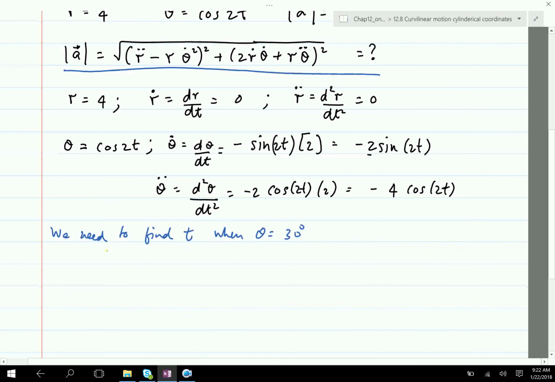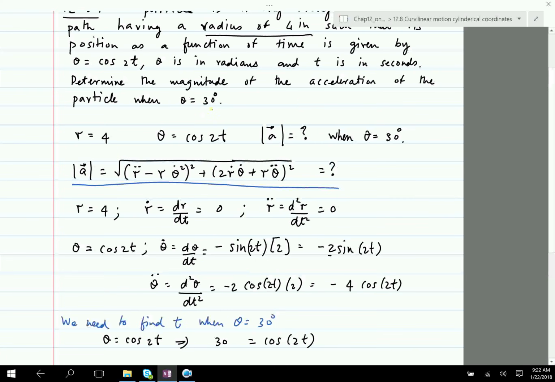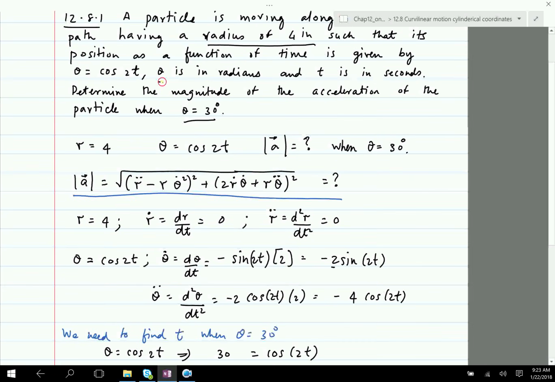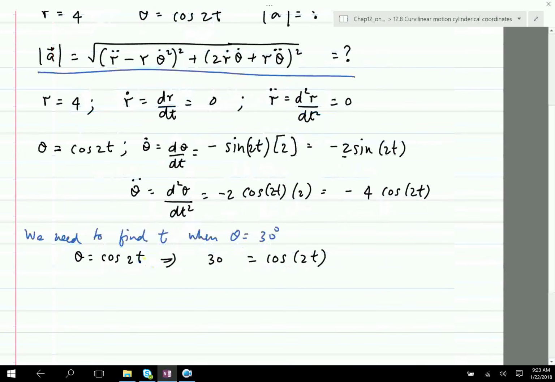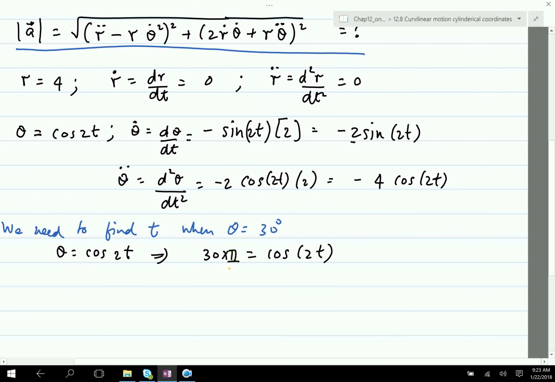Okay, so to do that, we know that theta is cosine 2t. Okay, so there's an issue here. This theta is 30 degrees, but the theta over here in this expression is in radians. So I need to convert degrees to radians. So 30 degrees in radians is 30 times pi divided by 180.